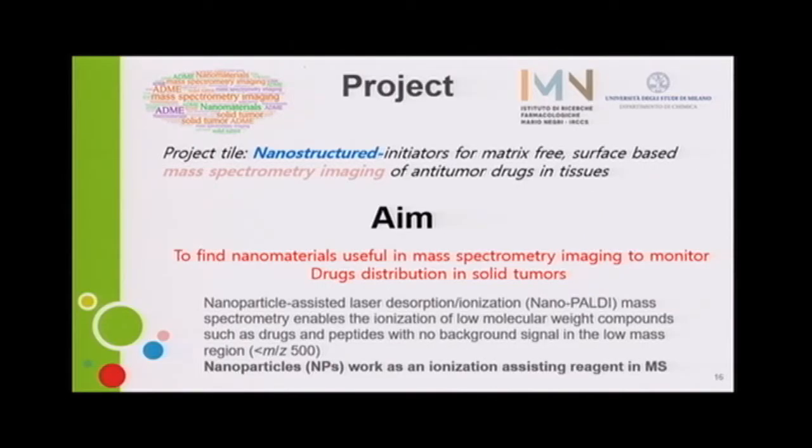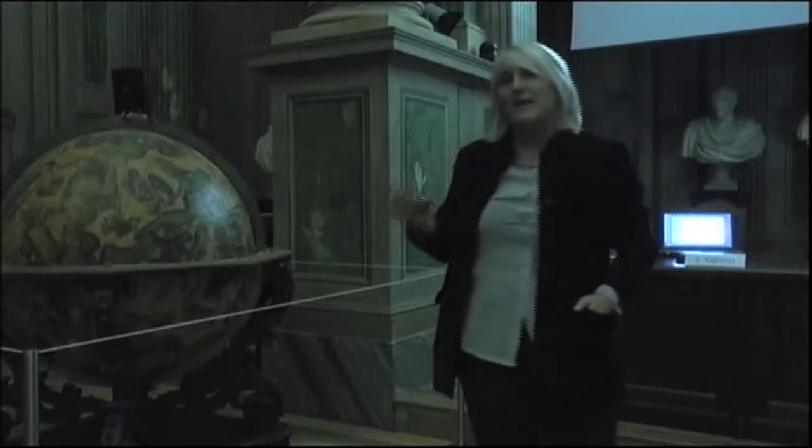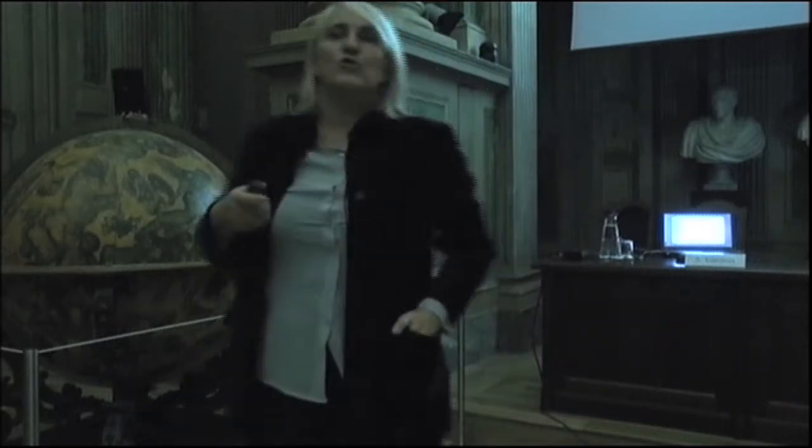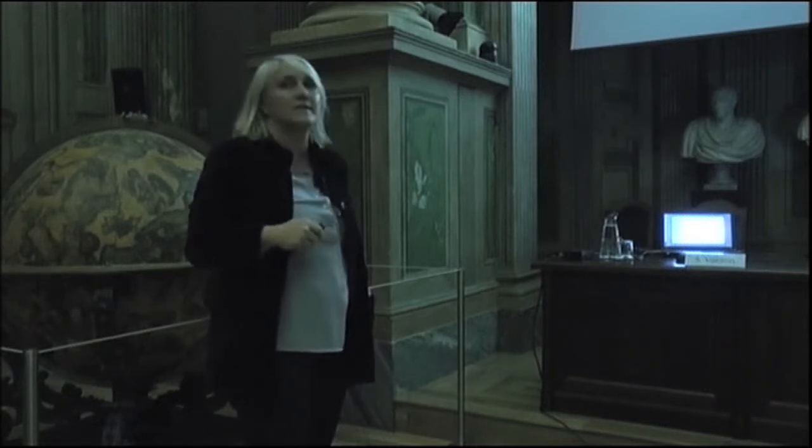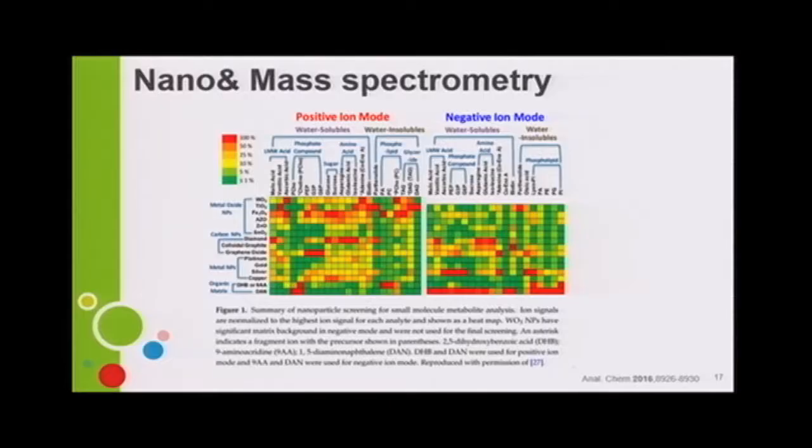So 4 or 5 years ago, we entered in a project, and the project title was Nanostructured Initiators for Matrix-Free Surface-Based Mass Spectrometry Imaging of Anti-Tumor Drugs. So this means that we want to find some new nanosystems that could be useful in mass spectrometry imaging to monitor drug distribution in solid tumors.